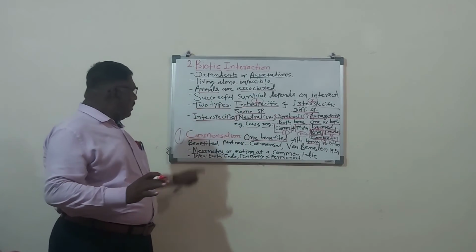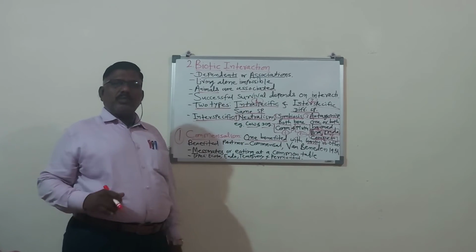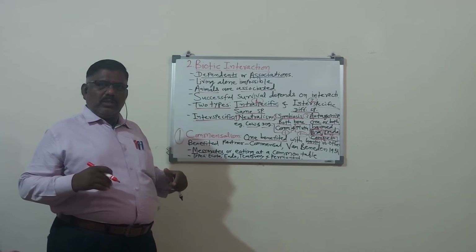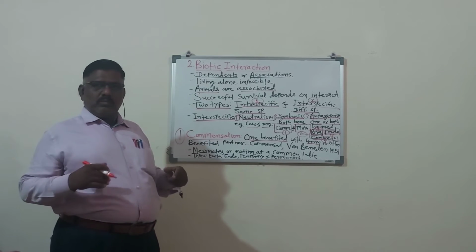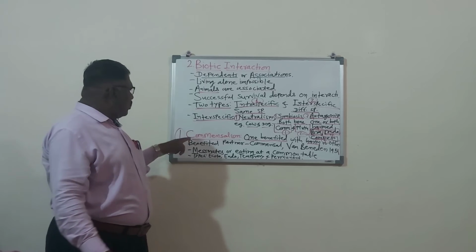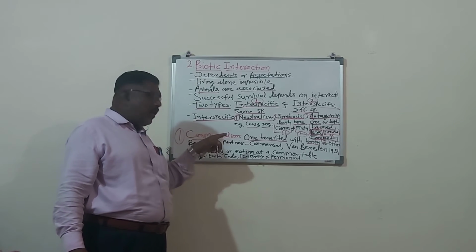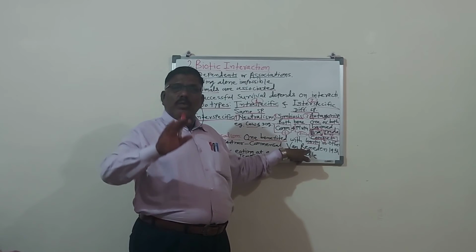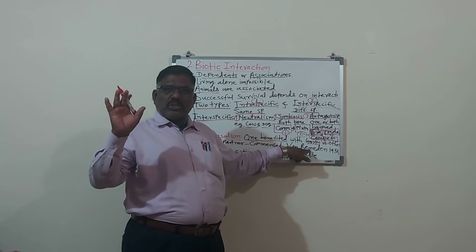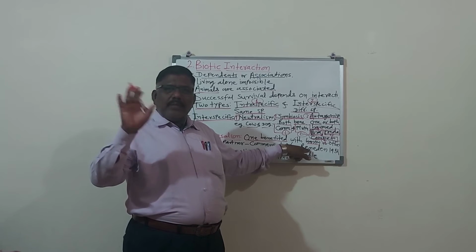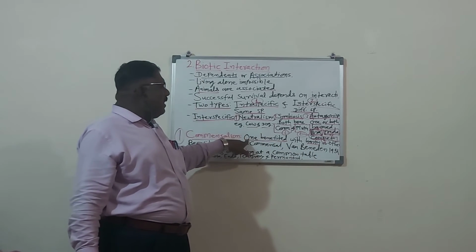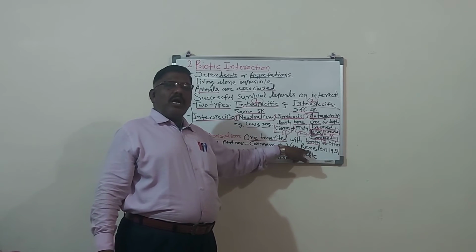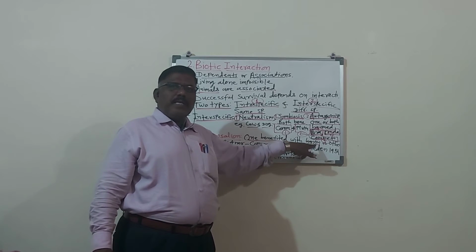Remember, interaction is always between two types of animals. Commensalism is an association of two animals. One animal is benefited, the other animal is without any harm, without any loss, without any benefit. So one is beneficial, the other is not harmed, not benefited.